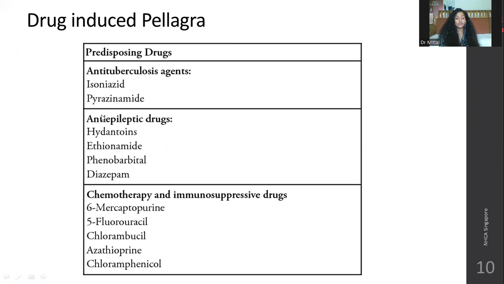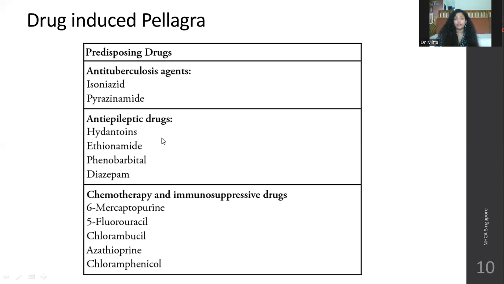Then we have another situation called drug-induced pellagra. So here the diet is completely balanced. Whatever diet the patient is having is completely balanced. But because of being on these drugs, anti-tuberculosis drugs, anti-epileptic drugs, that is for convulsions or fits or seizures, chemotherapy and other immunosuppressive drugs.